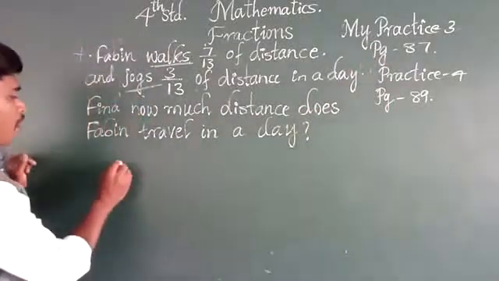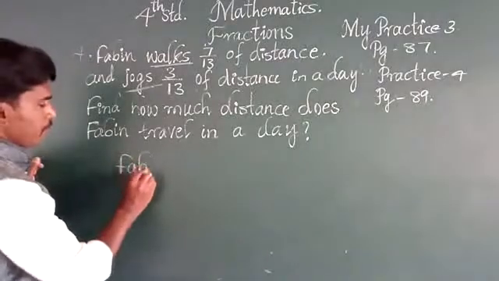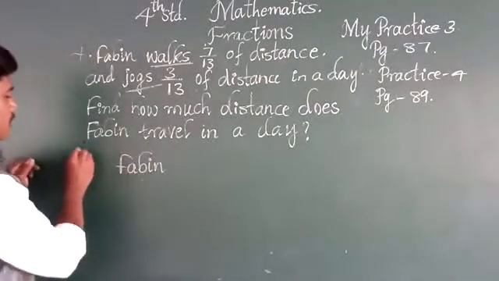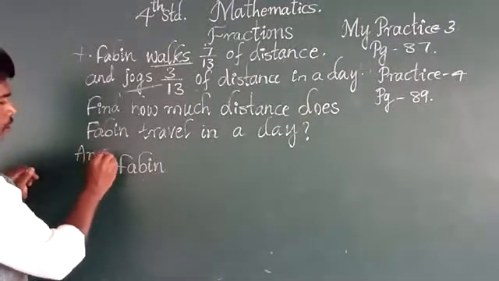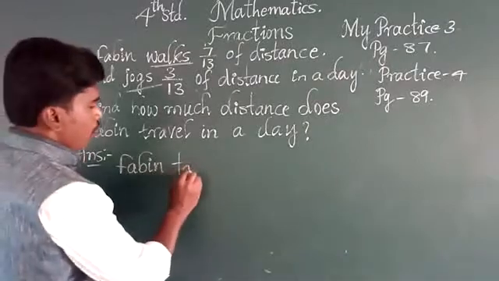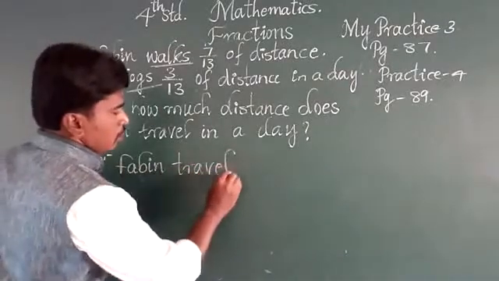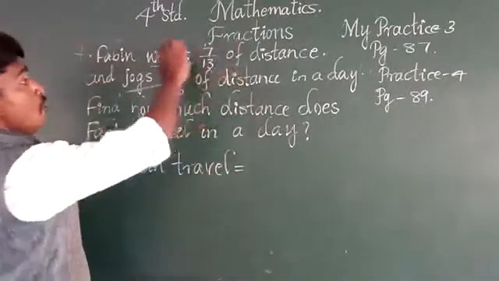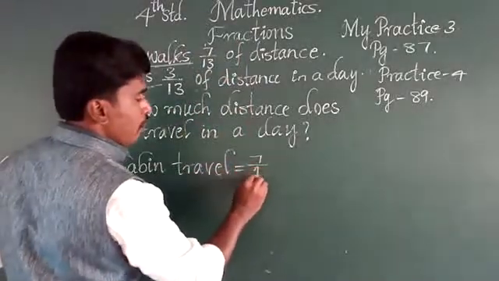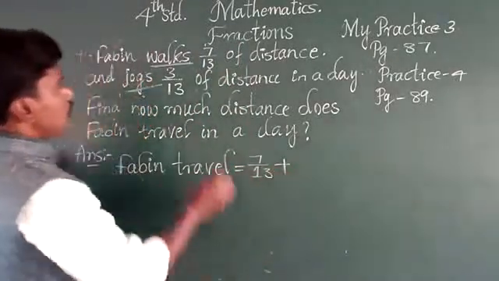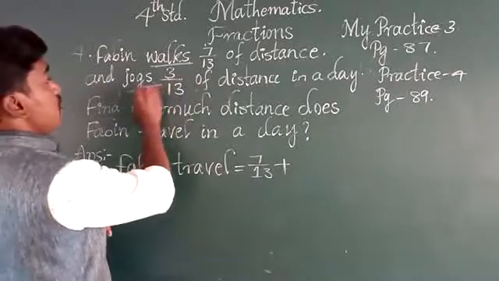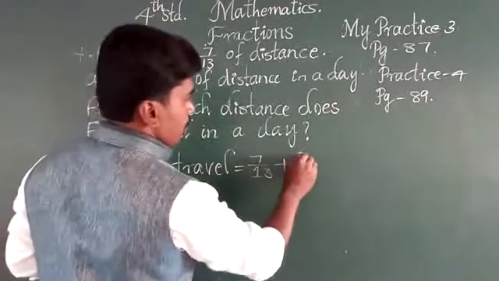So Fabin, this is the answer. What is the distance he walks? That is 7 by 13 plus the distance he jogs, 3 by 13.